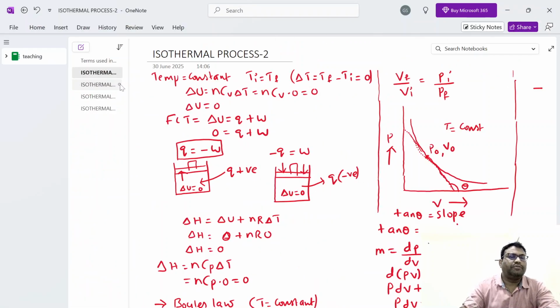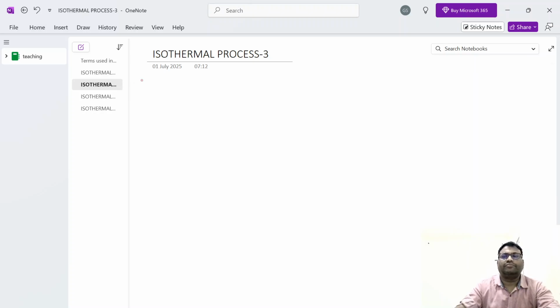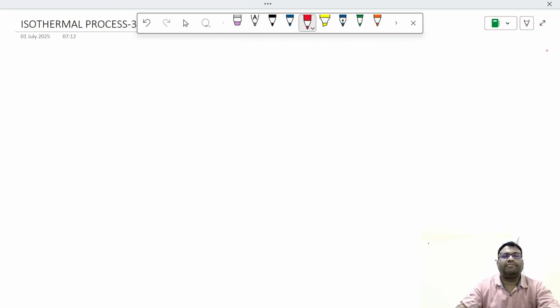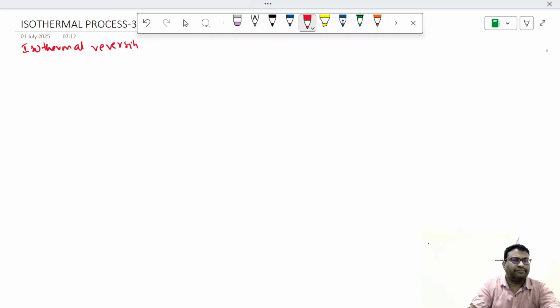Next, coming to the isothermal reversible process. What is that? Isothermal reversible process. A reversible process means it can be expansion or compression.